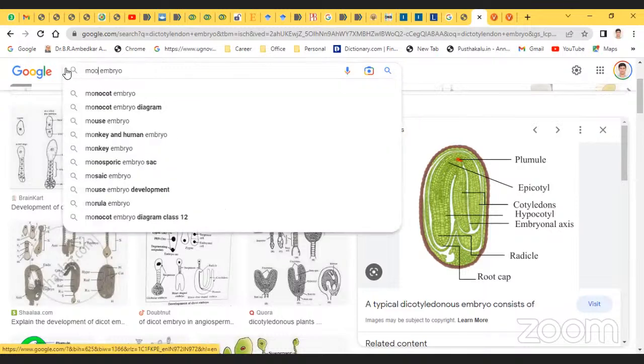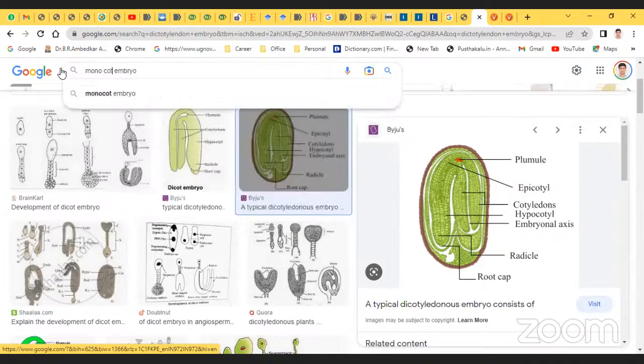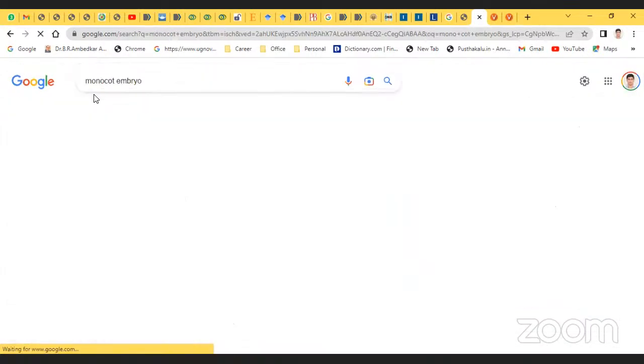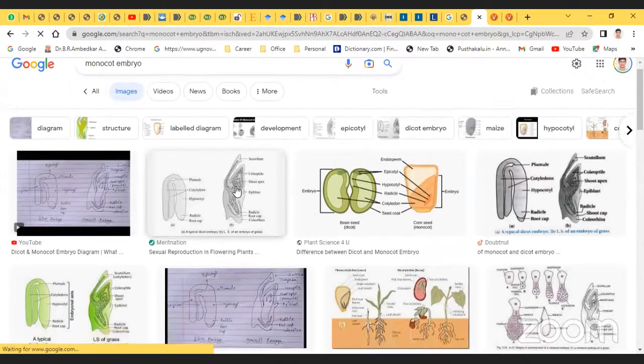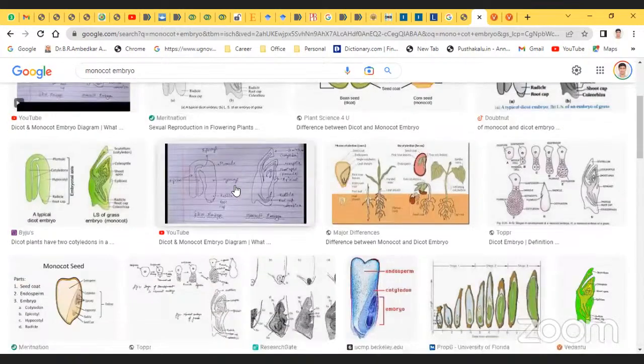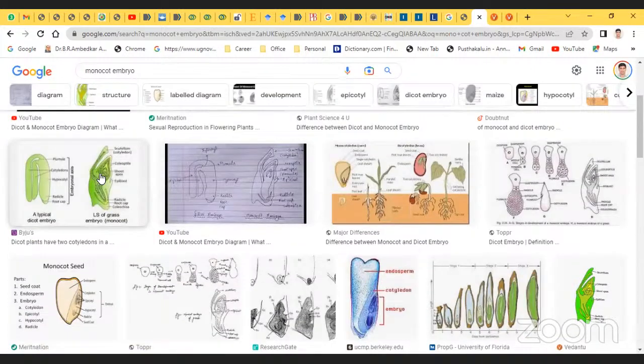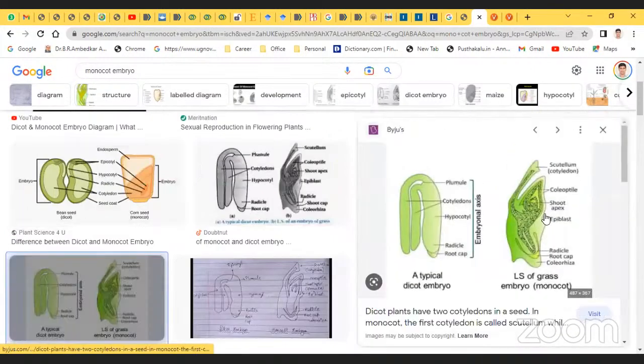Next, monocotyledon. On the right side is the grass embryo.